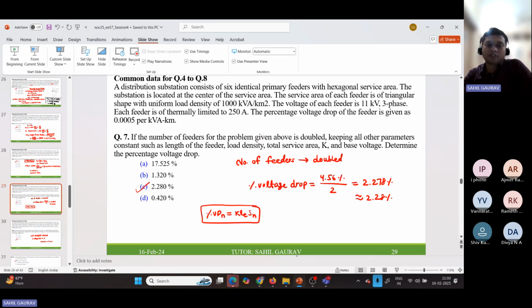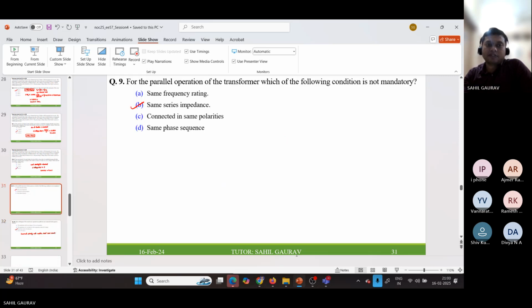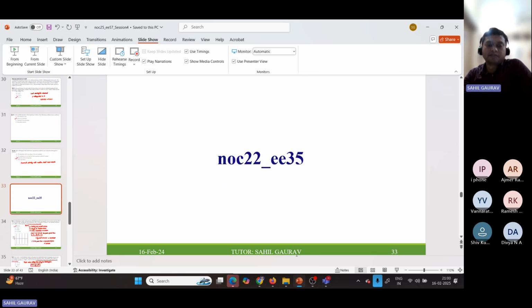If the number of feeders doubles, then the voltage drop will reduce by half, and if load density doubles, the voltage drop will also double. And for parallel operation, which may not be mandatory, again transformers operated in parallel.